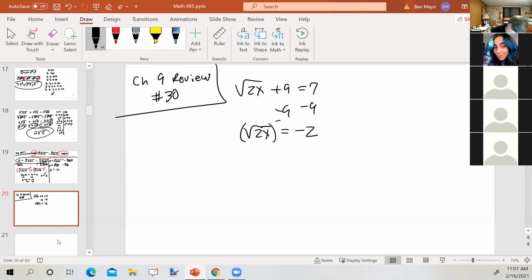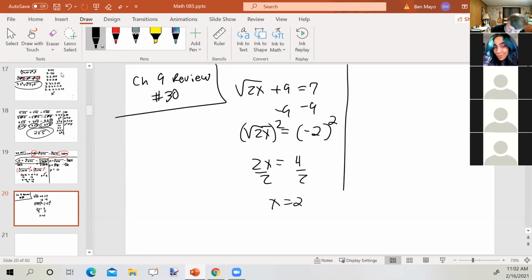So now I'm going to square both sides. So I get 2x equals 4. Let me write that a little better. I should have a negative 2 and then that whole thing is squared. So dividing by 2, I get x equals 2.